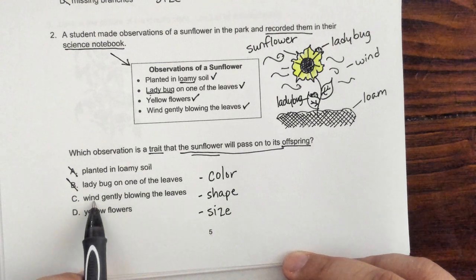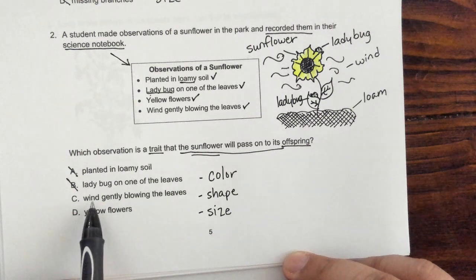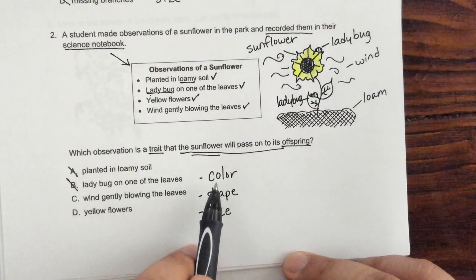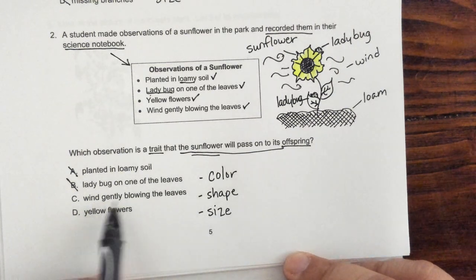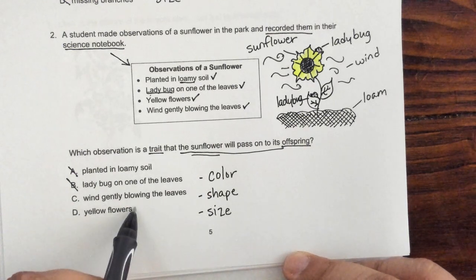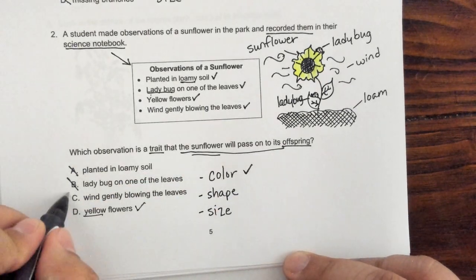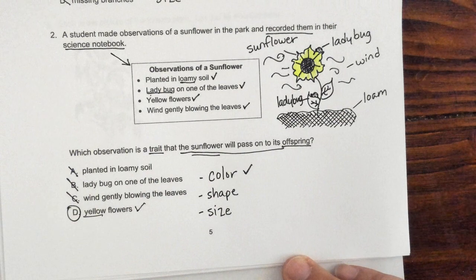So you're left with wind gently blowing the leaves, and then D, yellow flowers. Wind gently blowing is not a color, it's not a shape, and it's not a size, whereas yellow is a color. So this answer then here would be D.